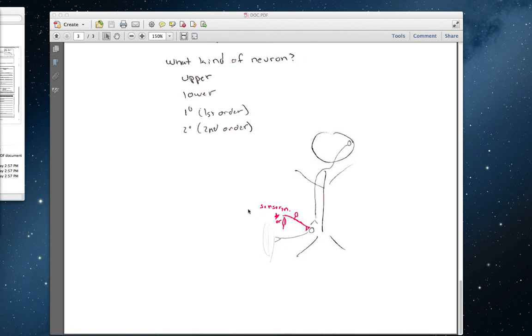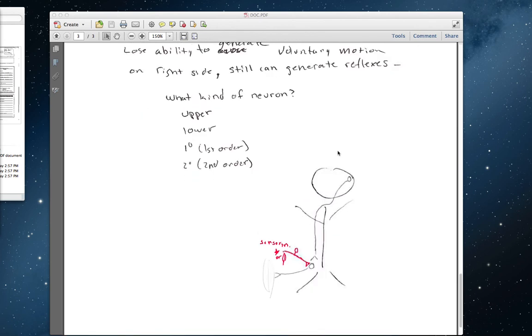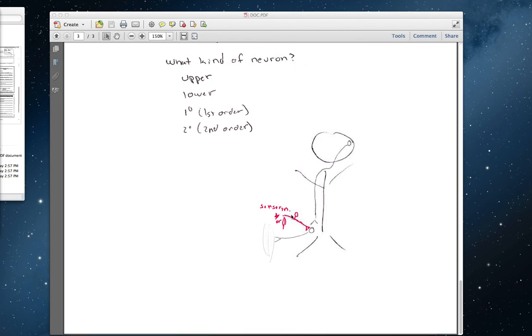So there are two scenarios being described here. The first one is the one that I said up here, where we have voluntary motion lost, but we still have reflexes. This is why the reflexes work: it's because we've lesioned the upper motor neurons. The second scenario that I just described verbally said, what if you cut off your lower motor neuron here? What would happen?